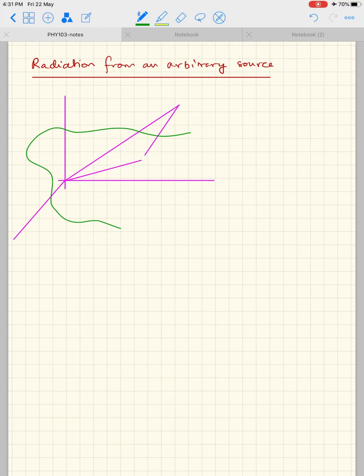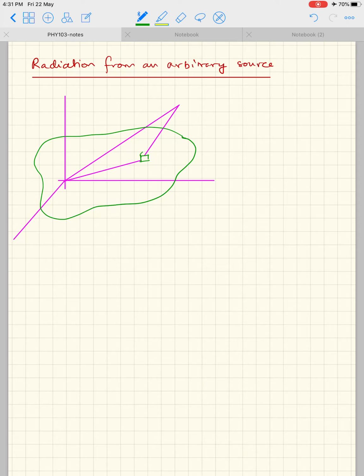So this is an arbitrary charge distribution. And there's this box here. And you have this point P. This is the point P. This is r primed. This is r. That's Z. That's Y. That's X.